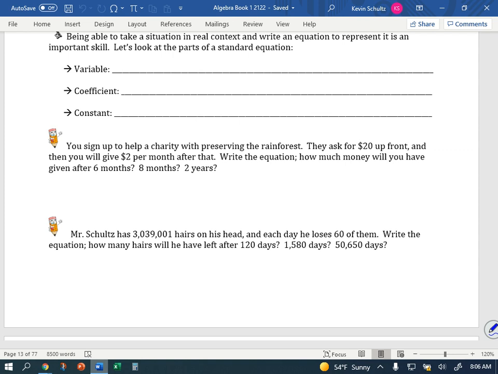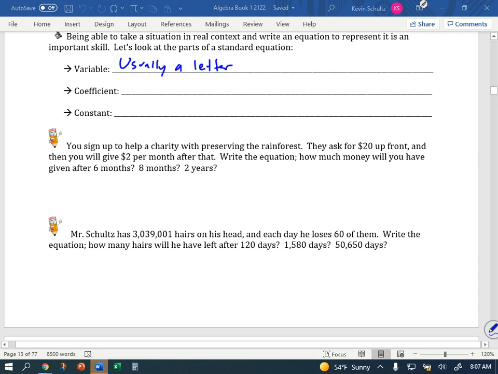I know variable you have. Maybe you haven't. But who can tell me what the role of any of the 3 are that you've heard of that you know? Yeah. Jack. Which one? Anyone you want. Variable. What can you tell me about a variable? It's a letter that substitutes for a number. Okay. So in your equation, it's usually a letter.